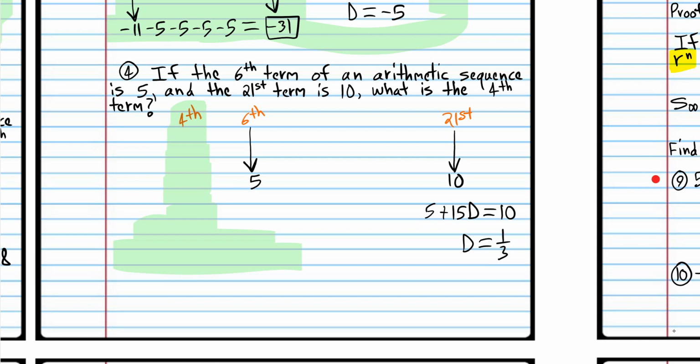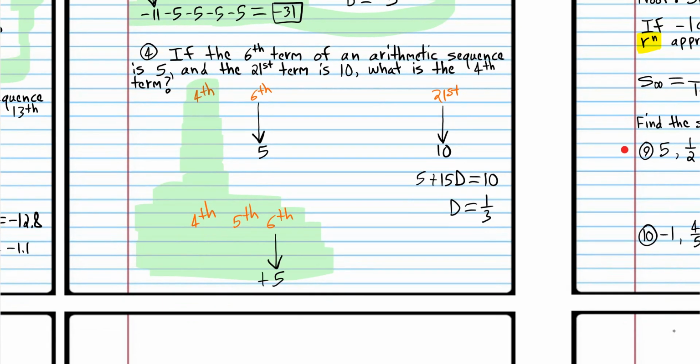So obviously it's going to be easier to start at the 6th term and then go backwards to get to the 4th term. So the 6th term is 5, and then we're going to add negative 1/3 and negative 1/3 again to get to the 4th term.